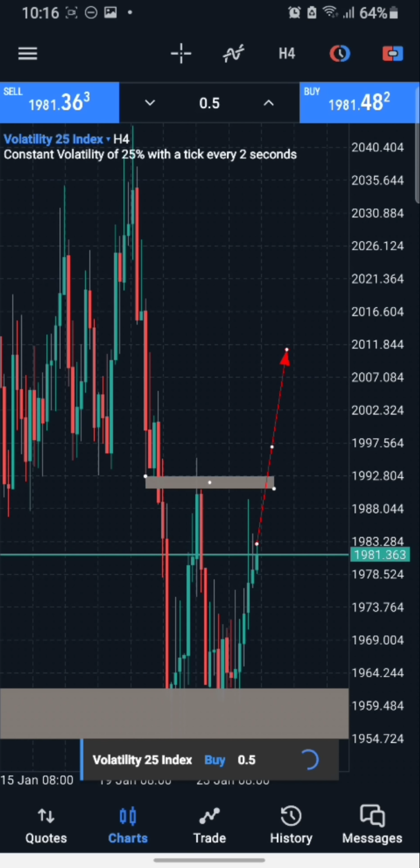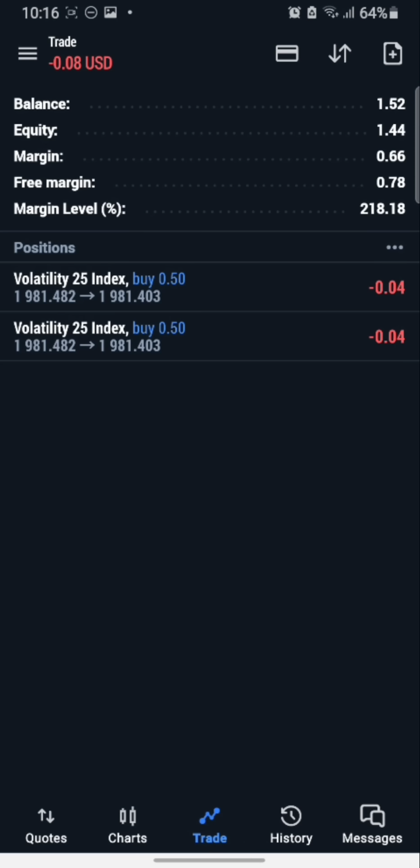This is the setup that I've said. Now that the market has allowed me to enter, it has put two positions. I wanted one, but then it's fine, it's not that volatile. I'll just wait for it.